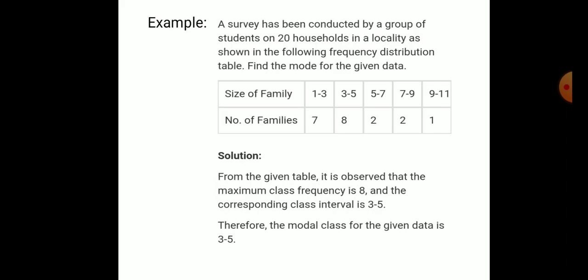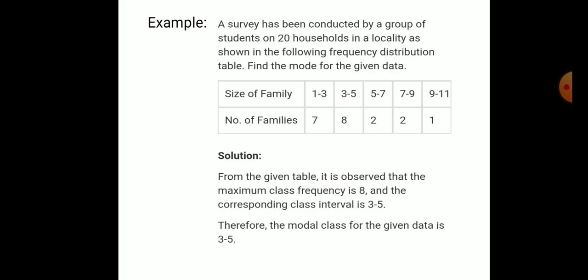So here's an example. A survey has been conducted by a group of students on 20 households in a locality as shown in the following frequency distribution table. Find the mode for the given data. Solution.